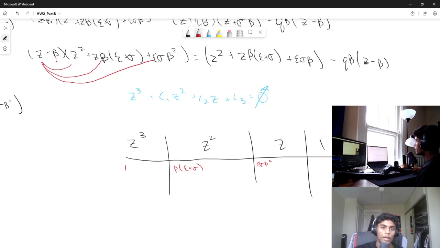If we multiply out this negative b, that's going to be negative bz squared, so minus b. Then we go on to this next one, and that's going to give us negative b squared epsilon plus sigma, right? Double check.